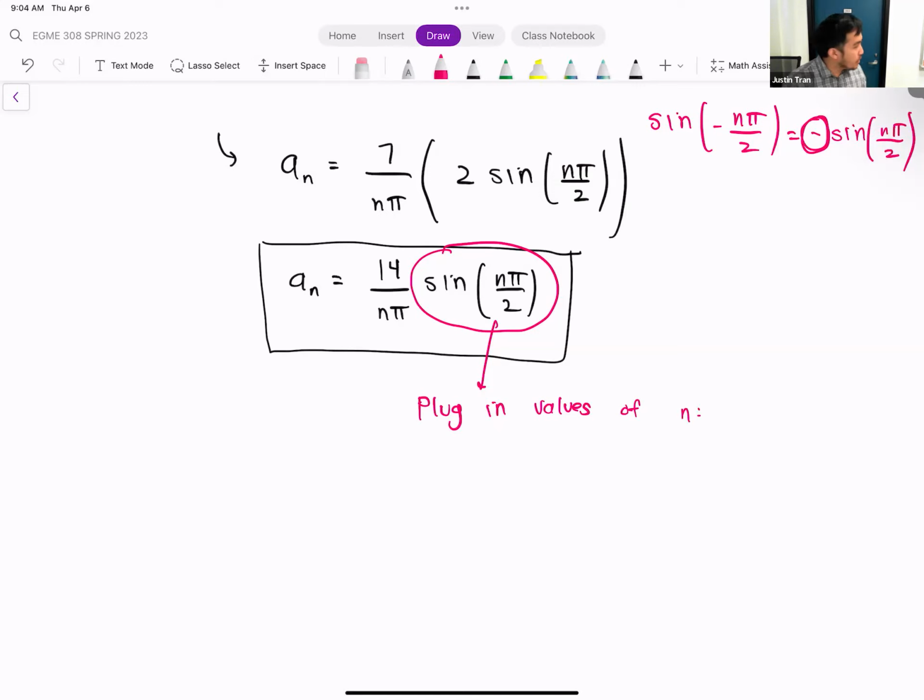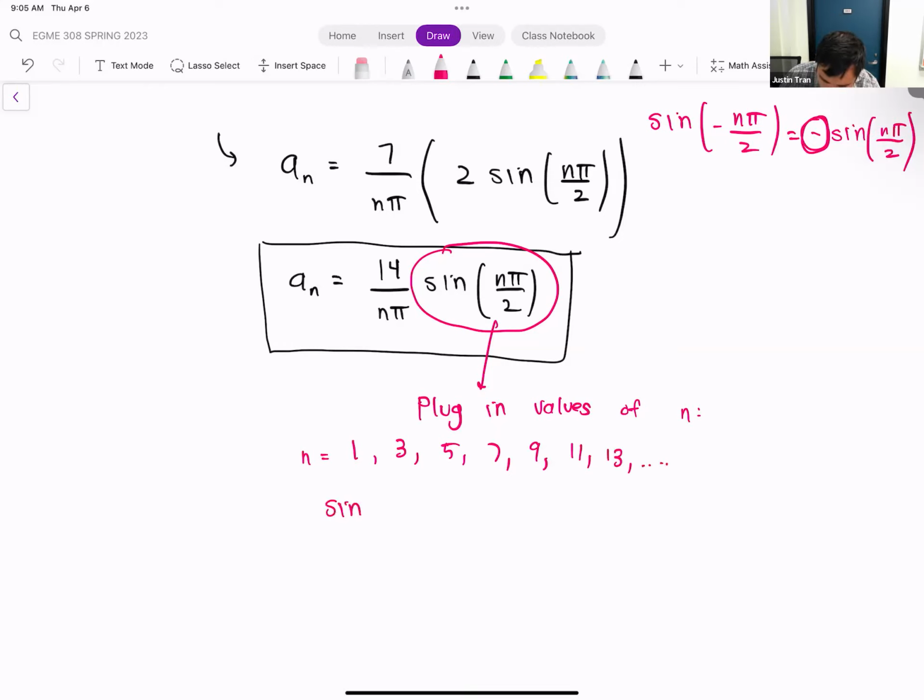That's essentially what we're going to be doing when we plug this back into our Fourier series expansion. Let's say n is an odd number. So n is equal to 1, 3, 5, 7, 9, 11, 13. You know the odd numbers.